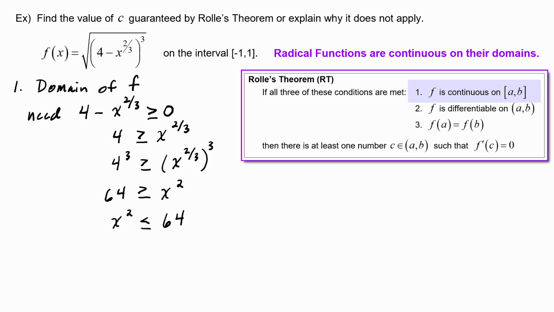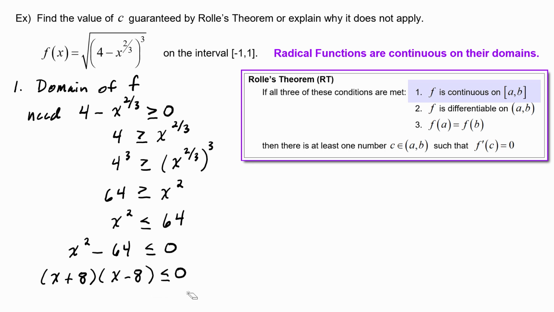Now to solve this quadratic inequality, we get everything on one side. x squared minus 64 has to be less than or equal to 0. And then we can factor this into x plus 8 times quantity x minus 8. And that has to be less than or equal to 0.